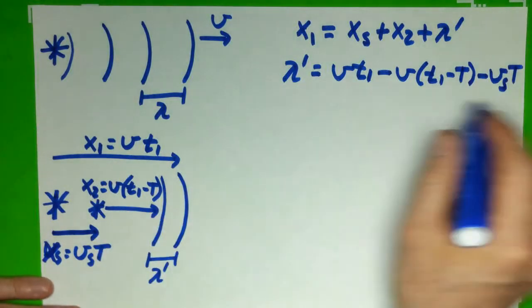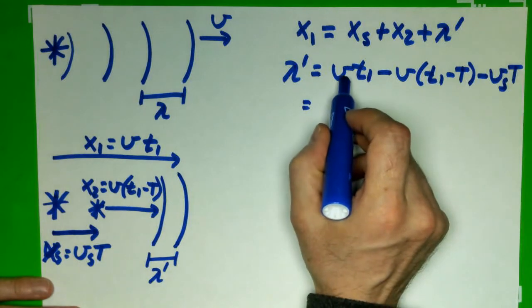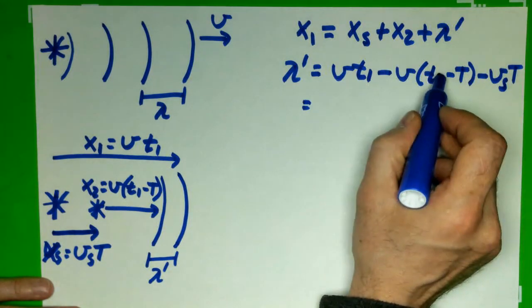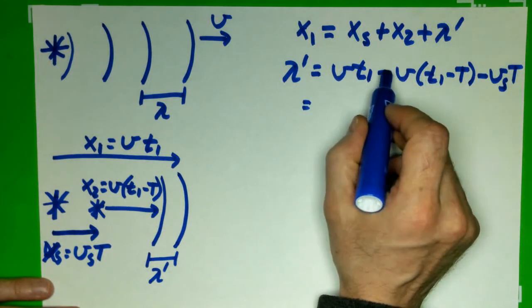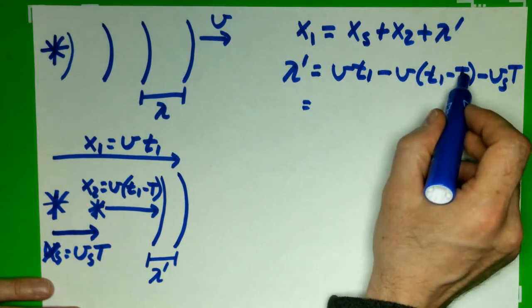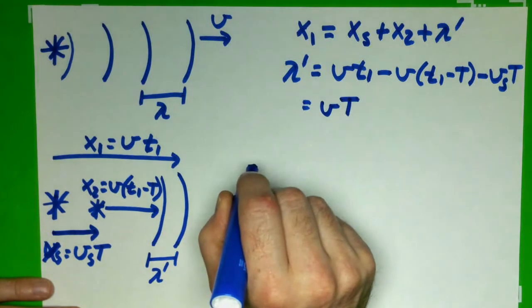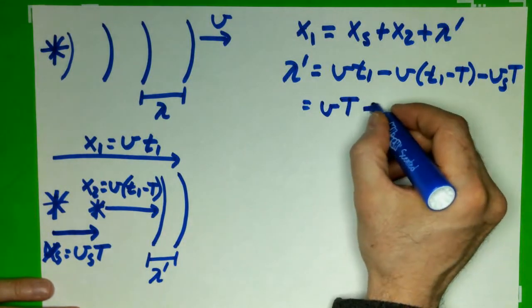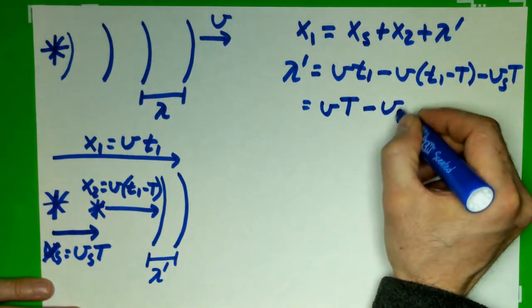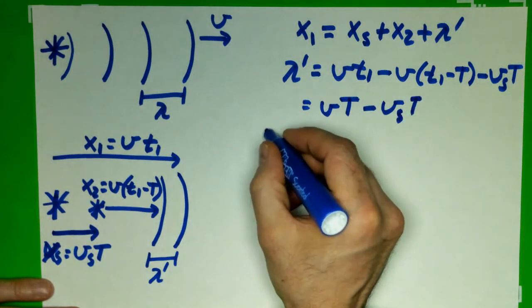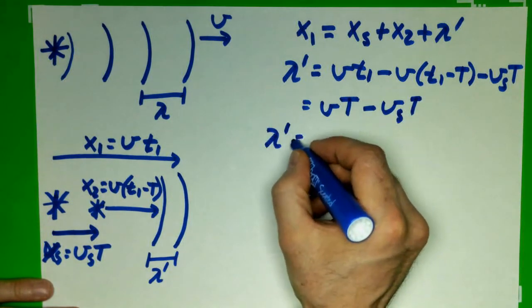Okay, solving for that, we can see that this vt1 minus vt1, those cancel, and then I have a minus v times a minus t, gives me a positive vt, the period, big T, and then minus this last term, vsT.